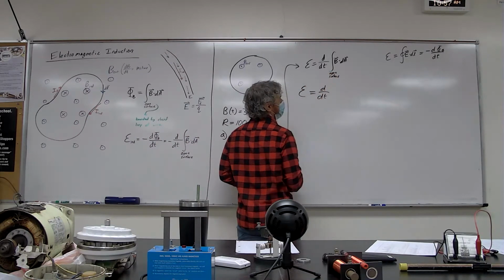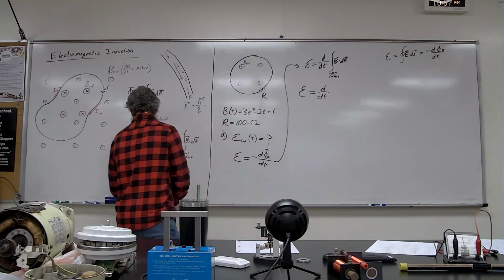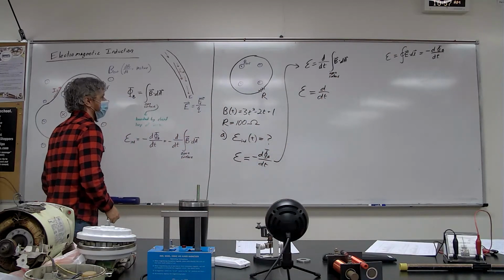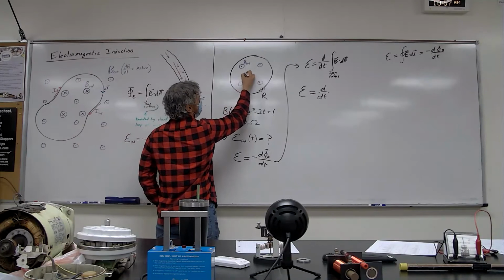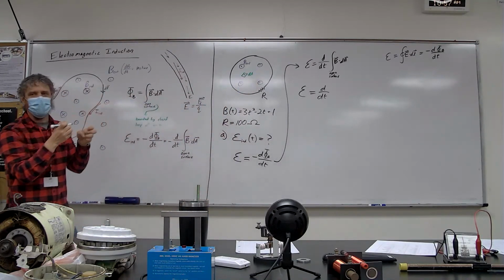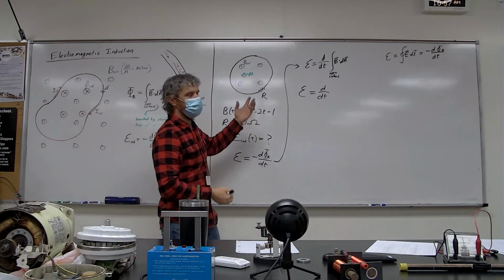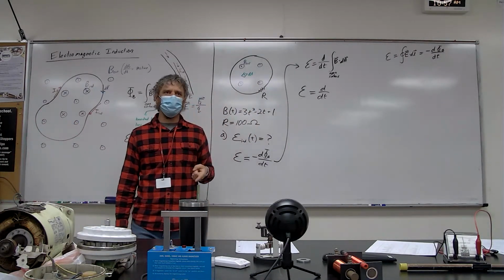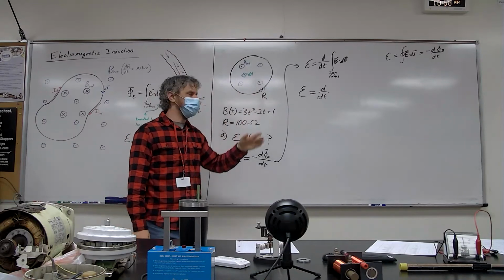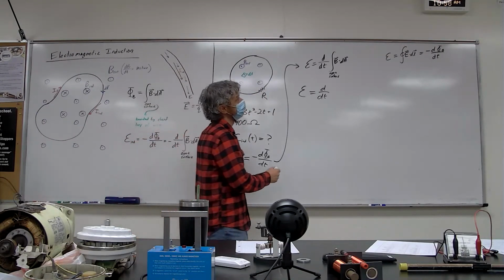Then I figure out what B dot dA is. I'm going to define my area vector as coming out of the board so that it's in the same direction as the magnetic field. Remember, the area vector is always perpendicular to the surface, and I've got this flat surface, so the area vector comes out this way.